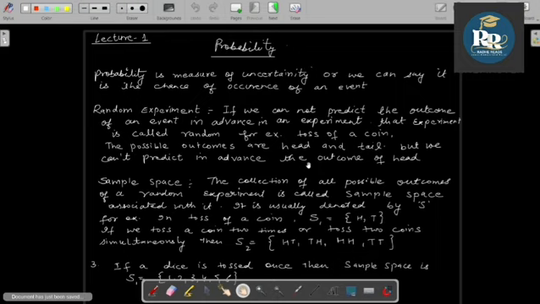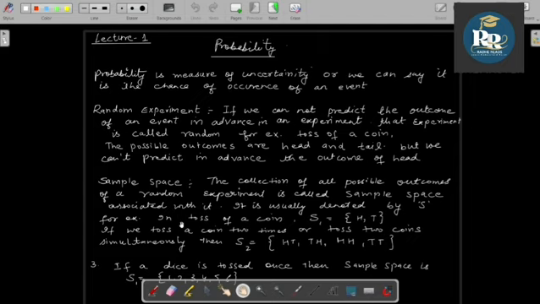Now the next term associated with it is sample space. So what is sample space? Sample space is the collection of all possible outcomes of a random experiment. So in probability, what we do basically, first we make the list of all the possible outcomes associated with the experiment.